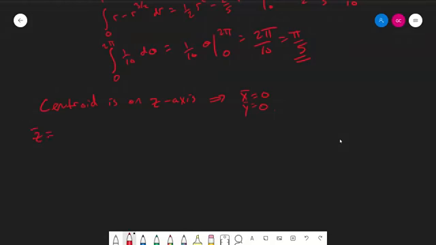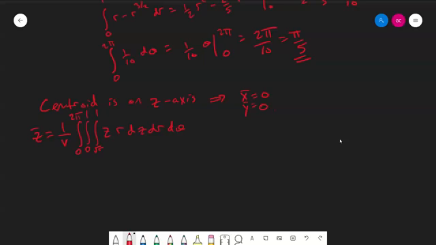The z-coordinate is 1 divided by the volume of the triple integral of z dV, and I use exactly the same bounds as I used before. So z goes from the square root of r up to 1, r goes from 0 to 1, and theta goes from 0 to 2 pi.